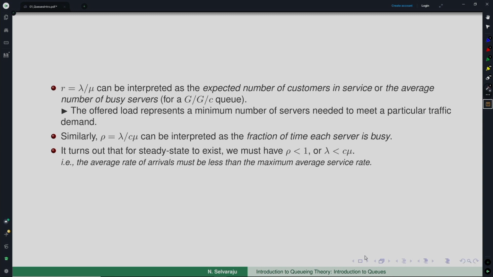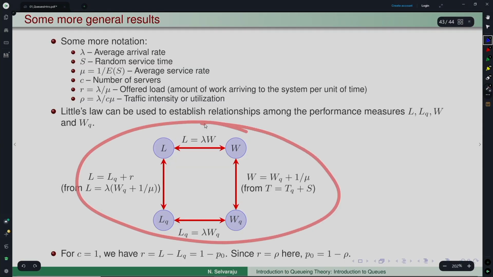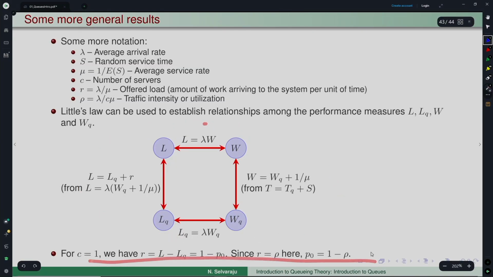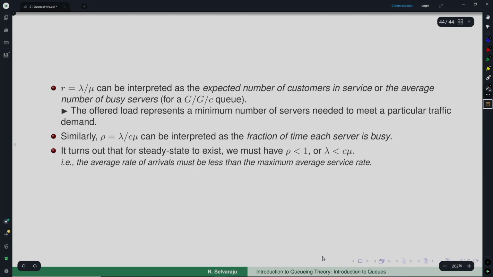Now, this is the interpretation. All these results are applicable for a GG C system, whereas this last line is for a single server system. P naught is basically the fraction of time the server is free, which is 1 minus rho. Now, this R, which is lambda by mu, can be interpreted as the expected number of customers in service or the average number of busy servers.